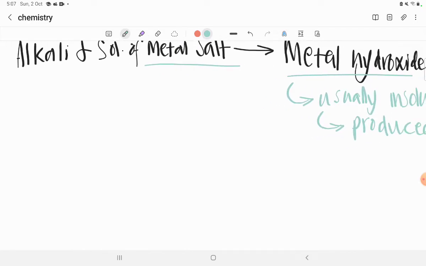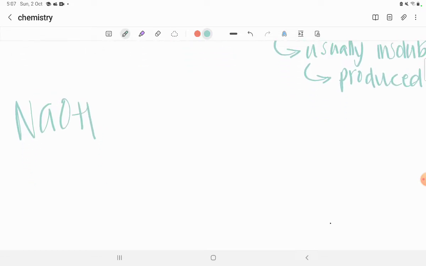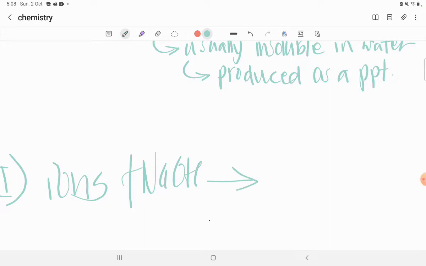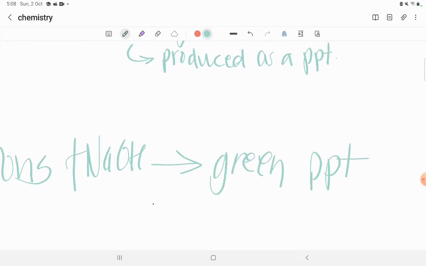If you've learned qualitative analysis, you've probably learned NaOH, right? If you want to test for, let's say, iron 2 ions, you add NaOH, then you will get a green PPT, and it's insoluble in excess.